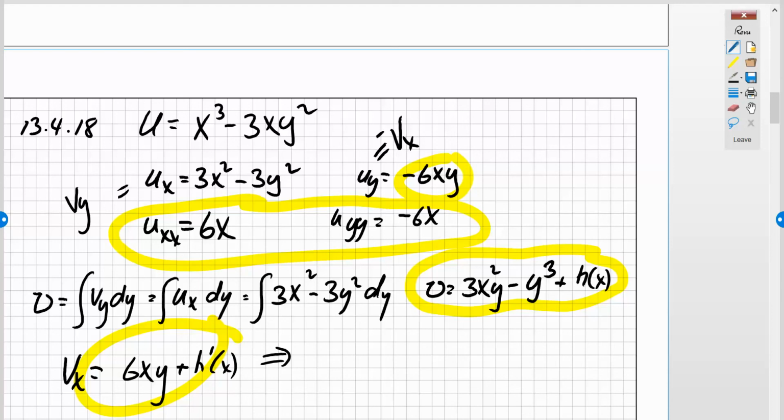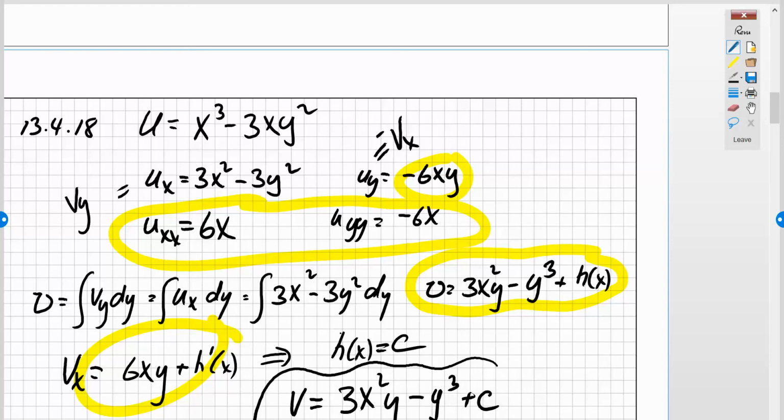And if h prime is equal to 0, then h of x must equal a real constant. And so the v function is equal to 3x squared y minus y cubed plus a constant. And that would be then the answer to this question.